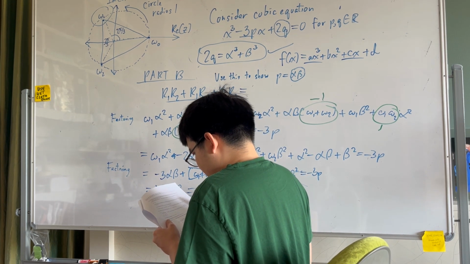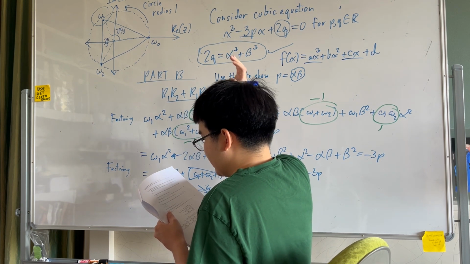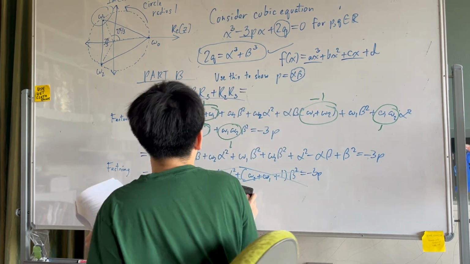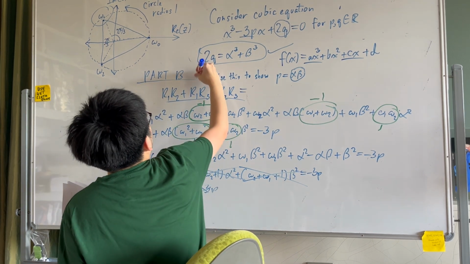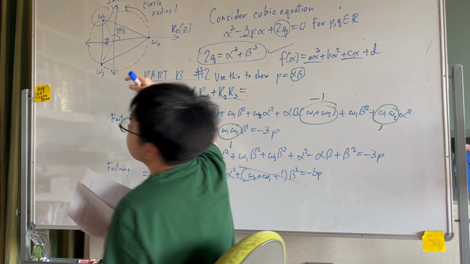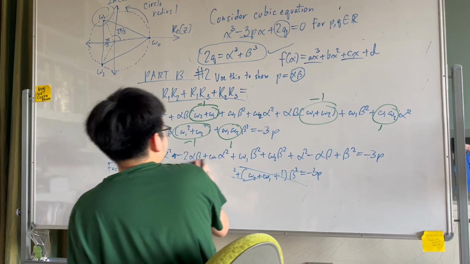Okay. And now, using the previous 2 parts, write alpha and beta in terms of p and q. So let me write this down now. Sorry, I forgot to write that down. That was number 2 for part B here. Now I'm going to erase in there, we're going to do part 3.